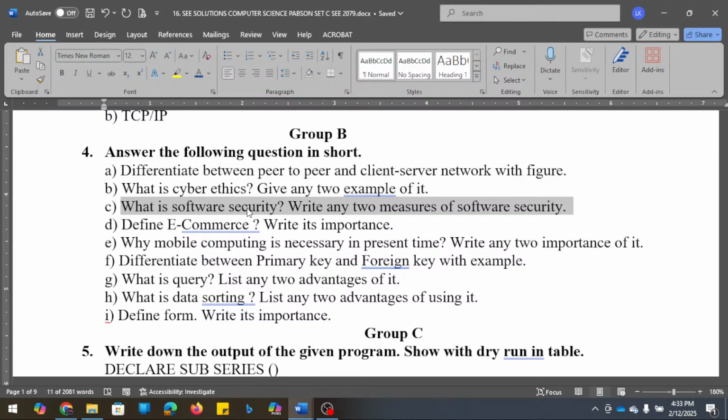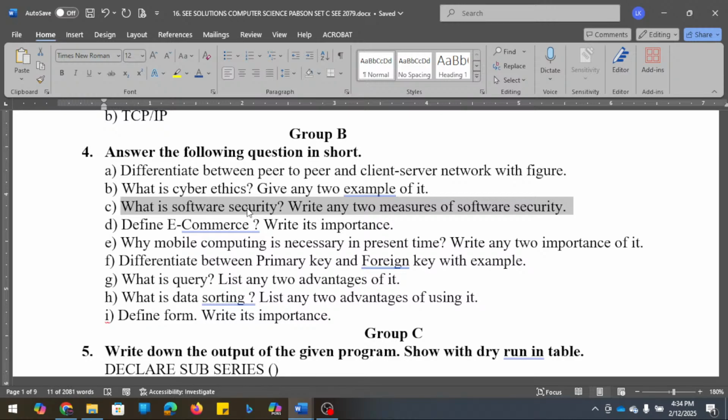Define form and its importance. Form is also an object in MS Access, and it is used in the database to enter the data into the table easily.